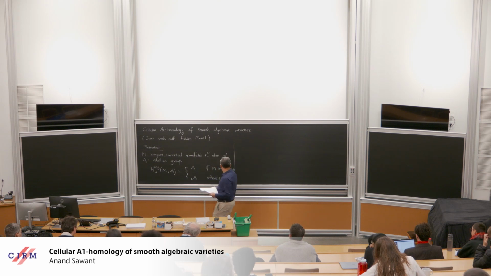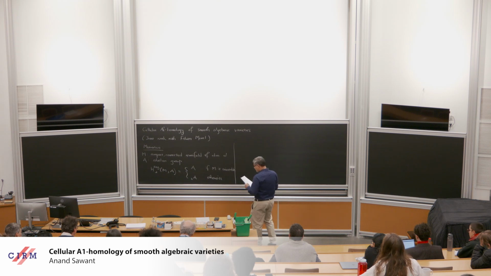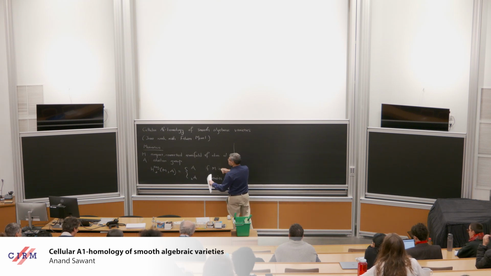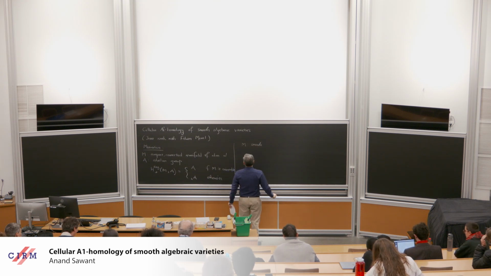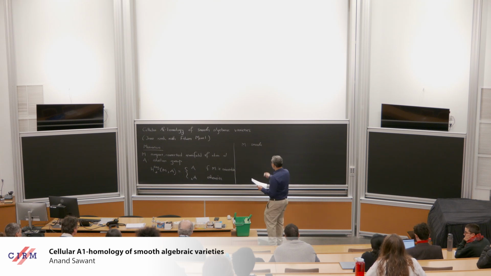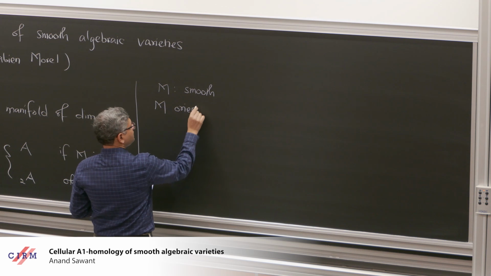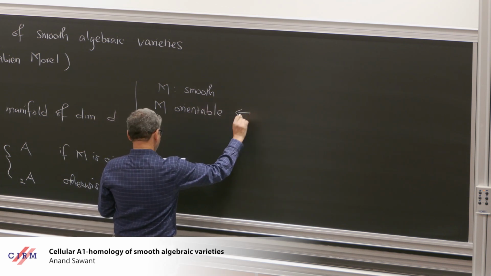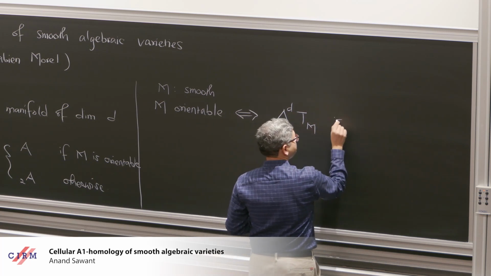So what's the notion of orientation? This works for any compact connected manifold, but if M is a smooth manifold in addition, then the usual notion of orientability is that the orientation double cover is split when A is the integers. When M is smooth, M is orientable if and only if the top exterior power of the tangent bundle of M is trivial.